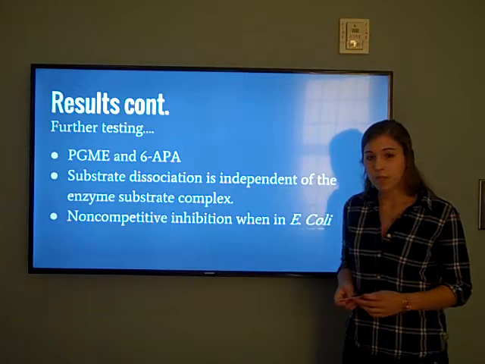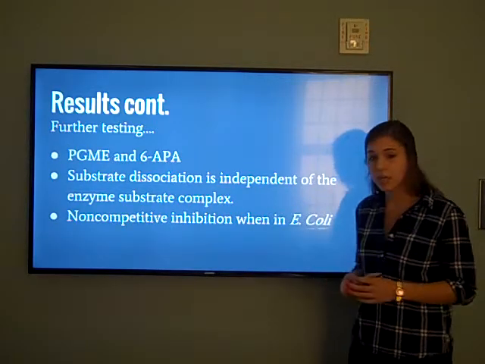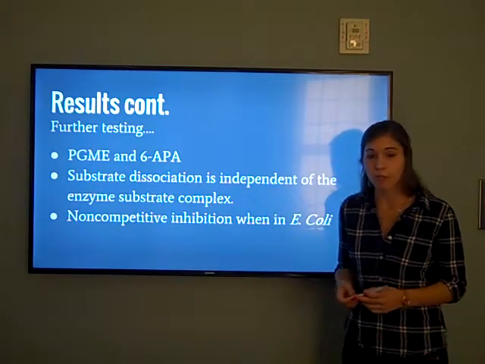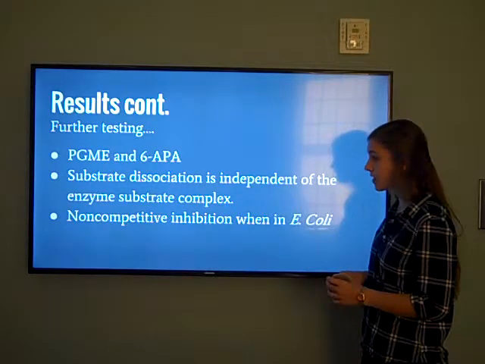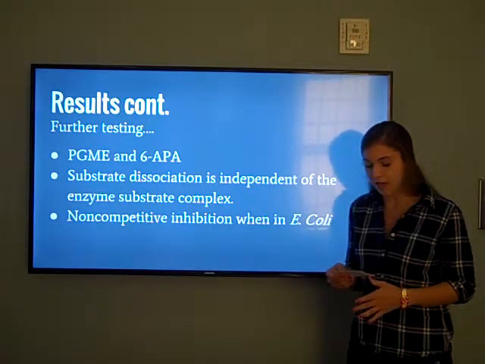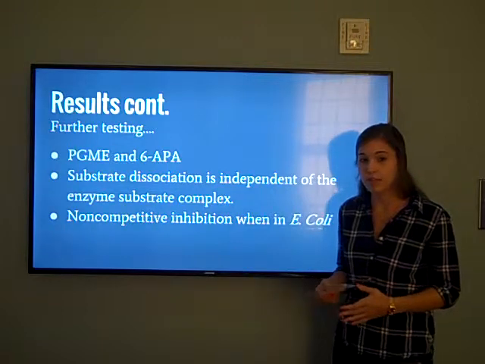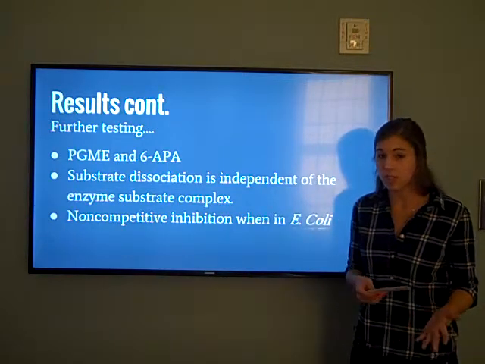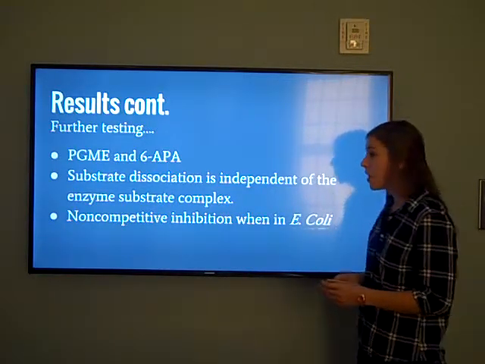Their third experiment that they did is they tested the pH of 6 and the pH of 7 with PGME and 6-APA. They found out, due to the wide specificity of this enzyme, it was able to bind to both PGME and 6-APA.